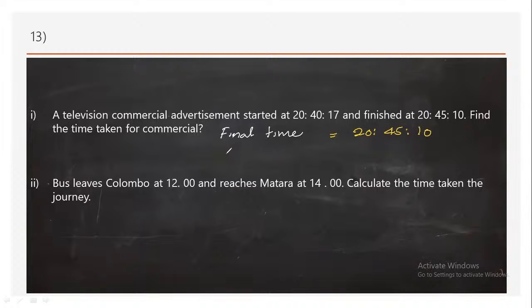Always keep the finishing time and subtract the initial time. Initial time. And the finishing time, that means this is final time. It means finishing time, initial time. Starting time is 20:40:17. Now time duration, time taken for commercial.